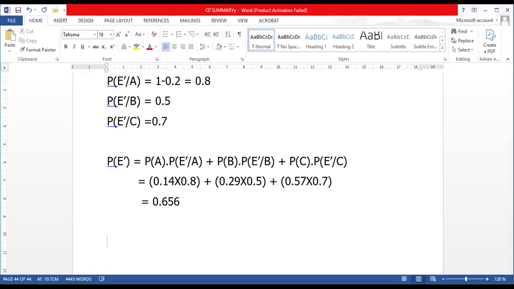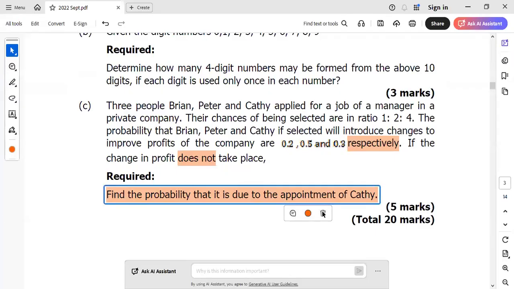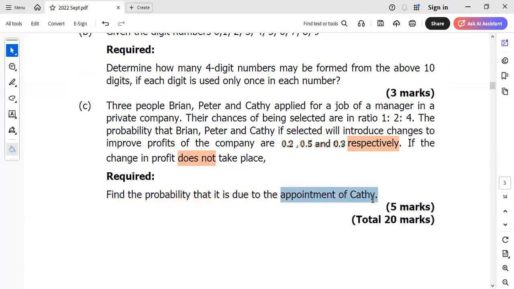But what do you need? Remember, what is the event of interest? If the change in profit does not take place, find the probability that it is due to the appointment of Cathay.